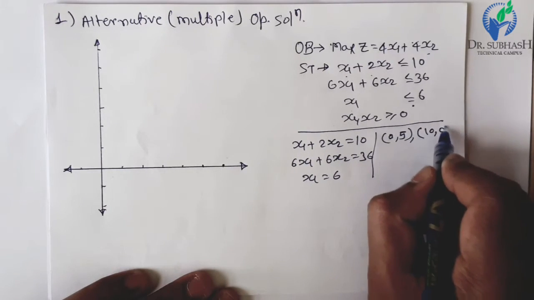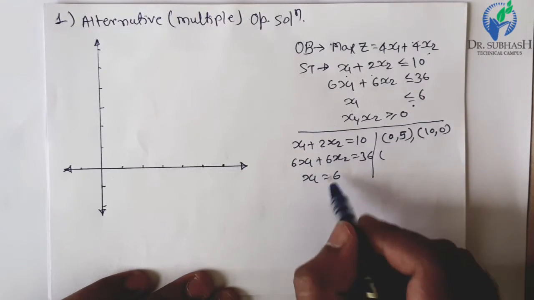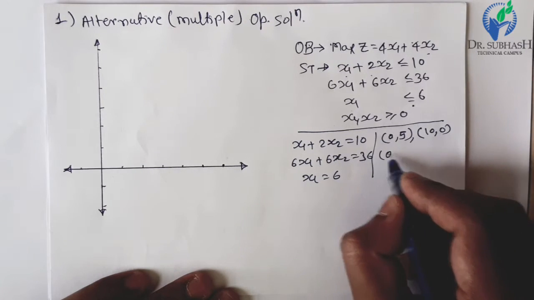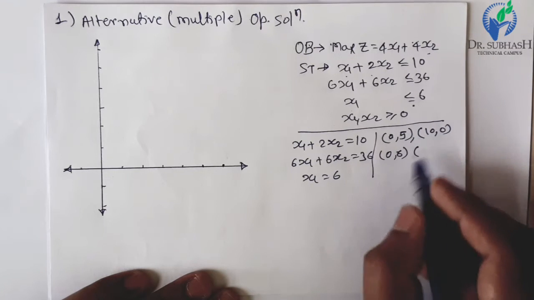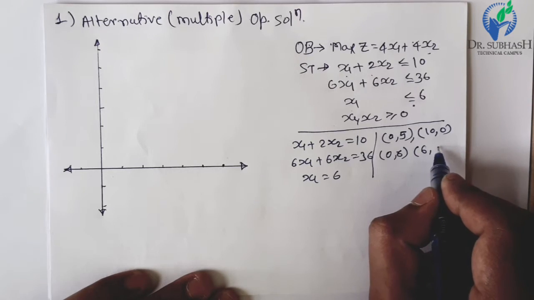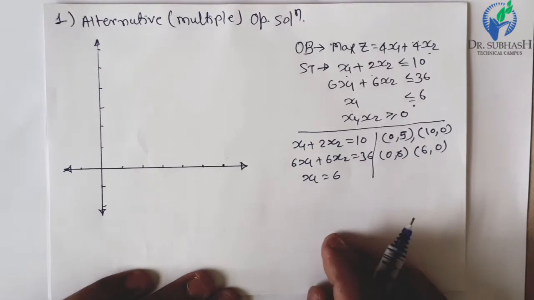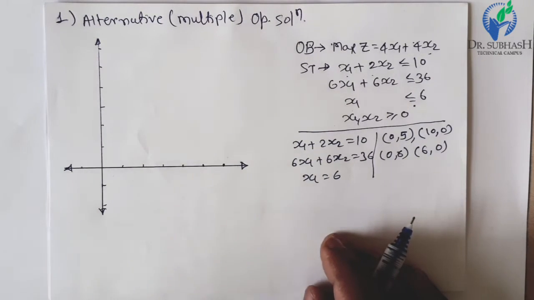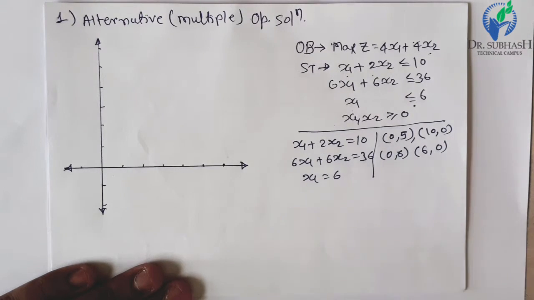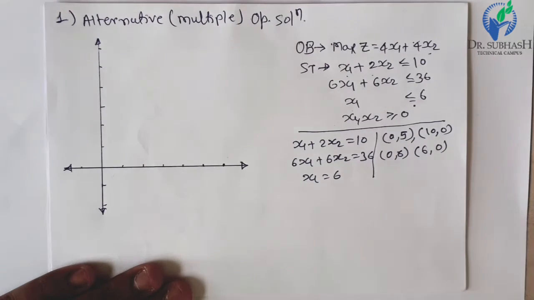The same way for the second equation, 6x1 plus 6x2 equal to 36, if we consider x1 equal to 0, we get x2 equal to 6, and we get 6 for x1 when we consider x2 equal to 0. And for the third, I don't need to write points because it is just an equation with a fixed value of x1, and x2 can be any value.